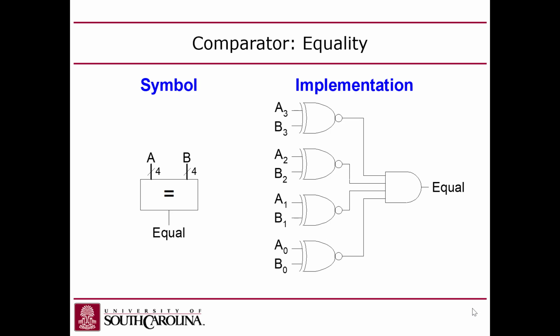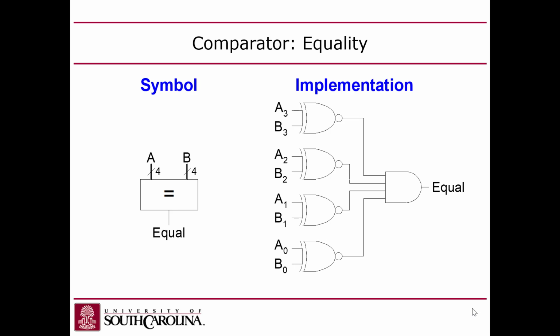You guys with me on that? So for example, if you have A and B and they're 4-bit values, and you do an XNOR here, then 0 XNOR 1 is a 0.